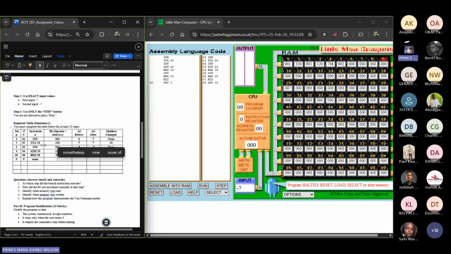Then you write with the right syntax, capital or small letters. Then we come to the opcode plus address. As you can see, it's all zeros. And then the AC before is 0, AC after is 0, and the mailbox that changed is just none.